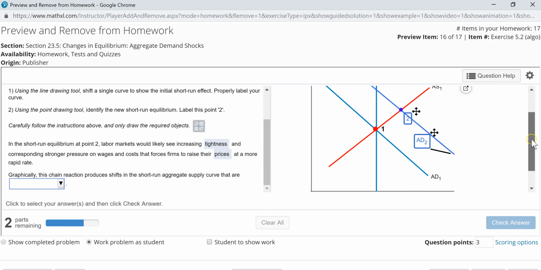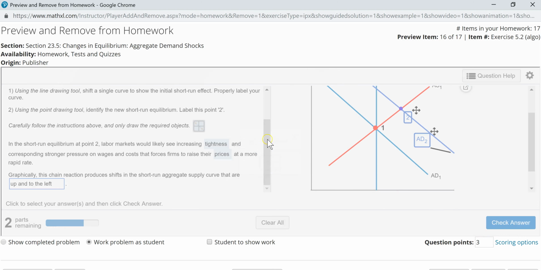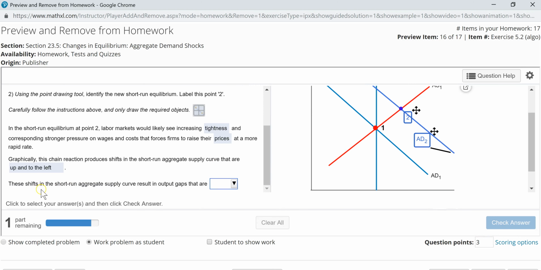So that will shift the AS curve, right? Graphically, this chain reaction produces shifts in the short-run aggregate supply curve, that's AS1, that are up and to the left, because that will increase the inflation. And these shifts in the short-run aggregate supply curve result in output gaps that are narrowing.